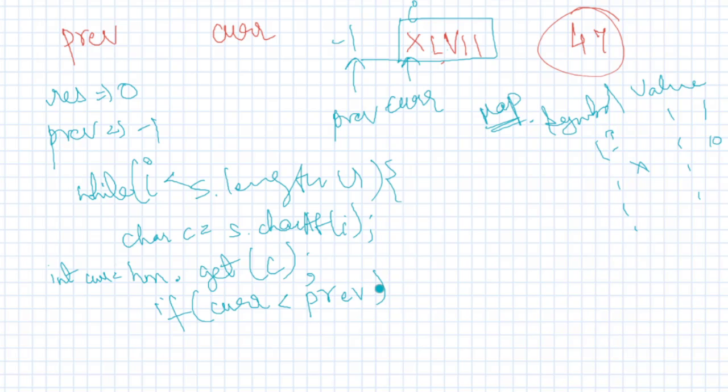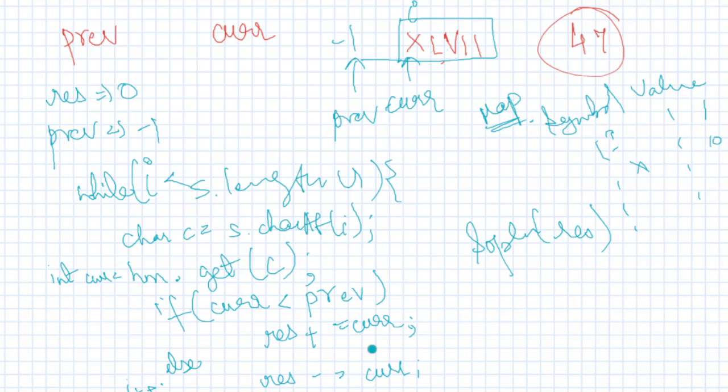If your current is less than previous, that means you simply have to add this. So result plus equals current. Simple it is. But if that's the opposite, then what you'll do, result minus equals current. This goes on, at last you'll increment I, and your solution is done. So return or SOPLN result.